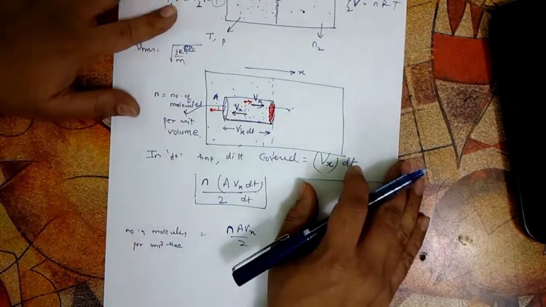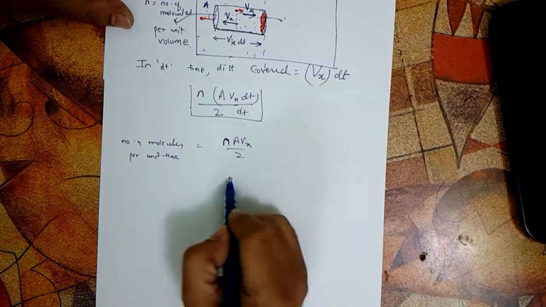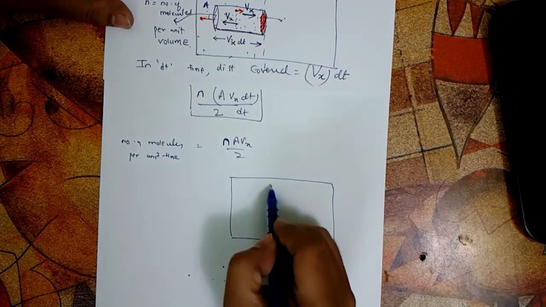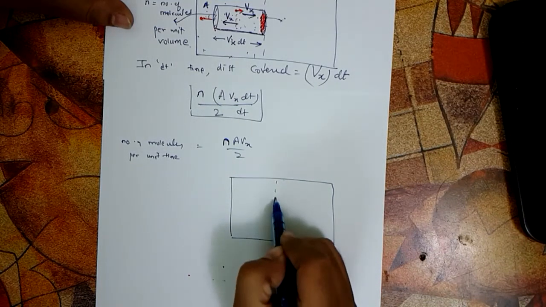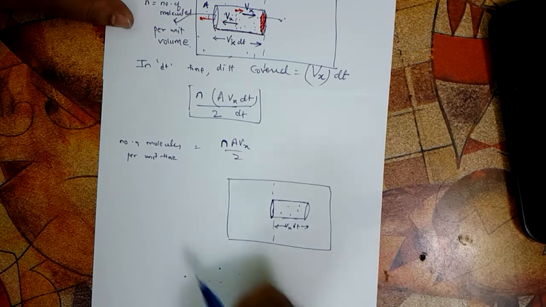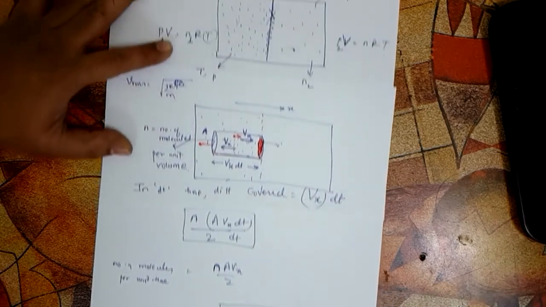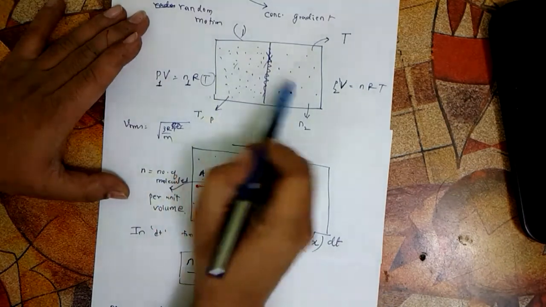Now let's consider the other compartment here, and again do the same thing. Again take this Vx dt. Now we have taken, if you remember, the same temperature here also.